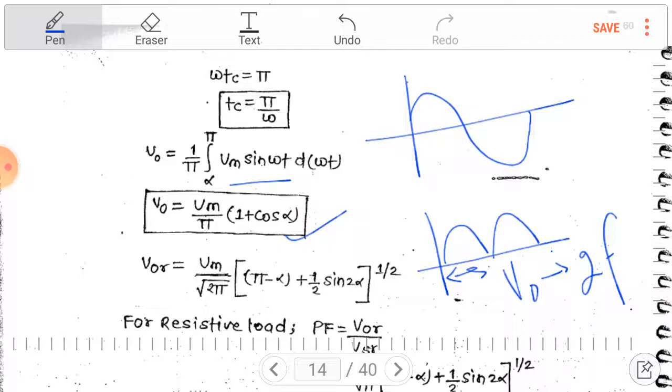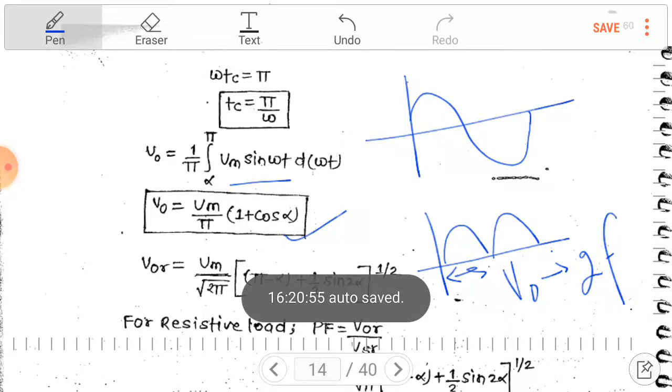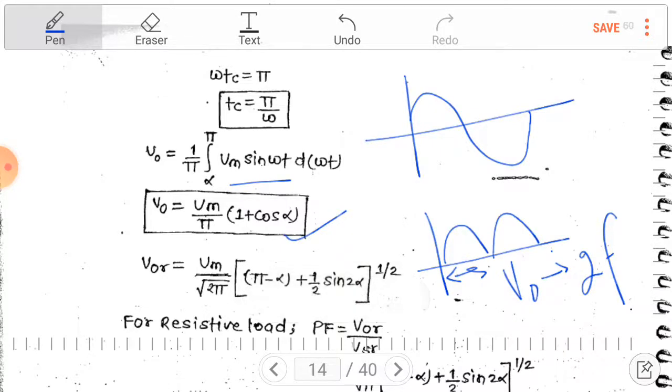This is the average output. The RMS output we can also find from the general formula, Vm by root 2 into the square root of 1 by time period, upper minus lower plus half sine of twice lower minus half sine of twice upper, by putting the values of upper and lower limit. Here upper limit is pi and lower limit is alpha, and time period is pi radians.